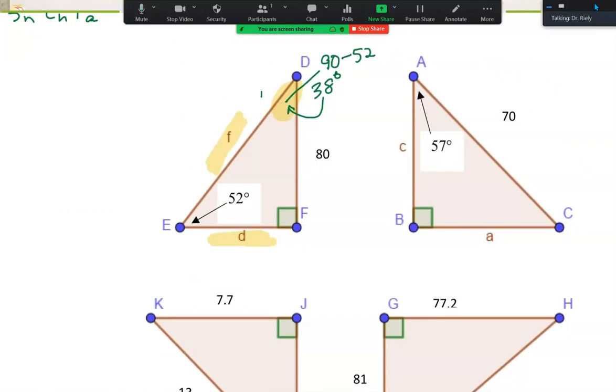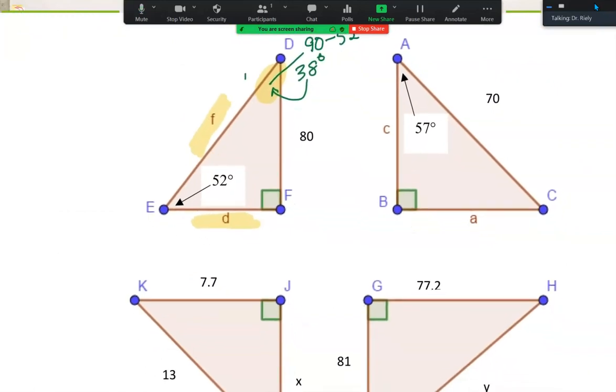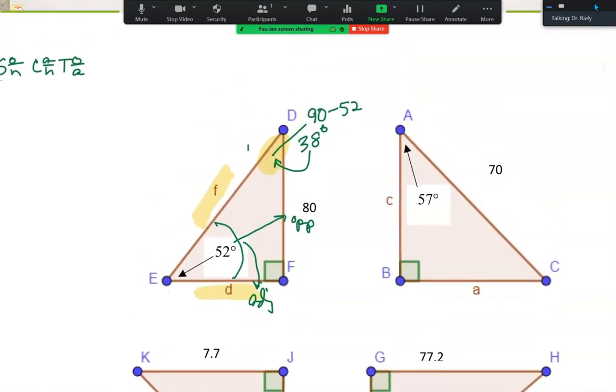Okay, next one. Let's try to find side D. I'm going to use this angle, so this is opposite and this is adjacent. Therefore, I'm going to be using opposite over adjacent. You should be saying tan.